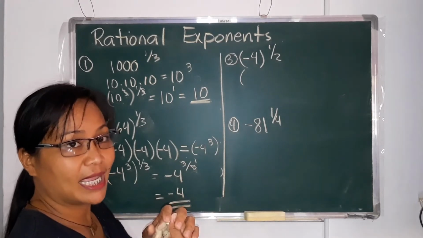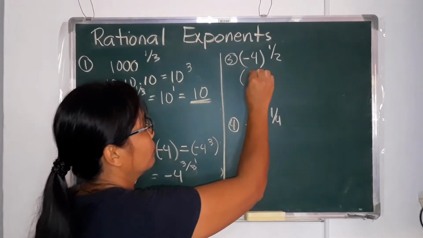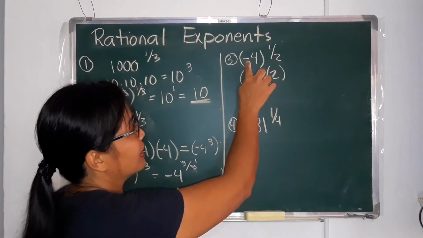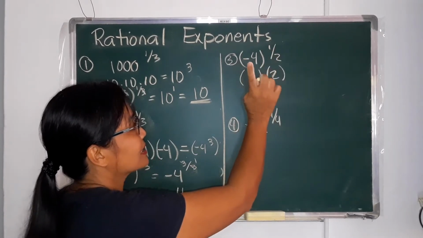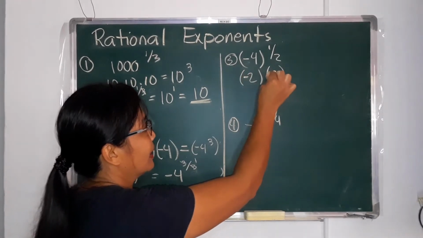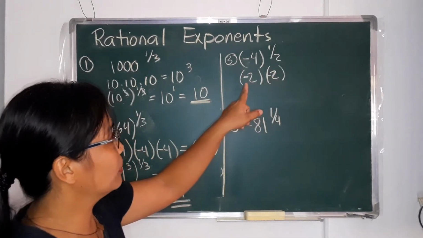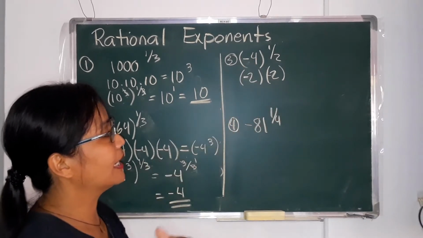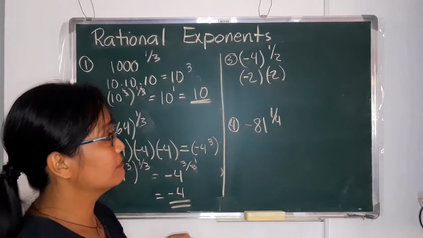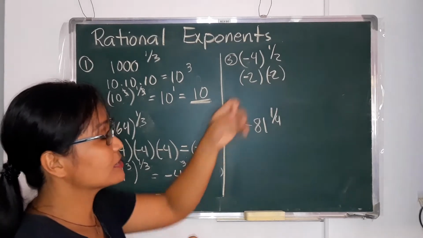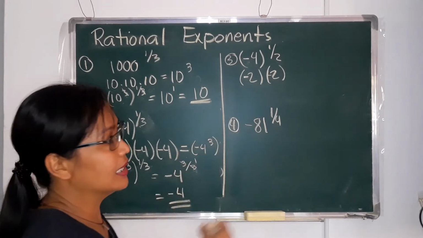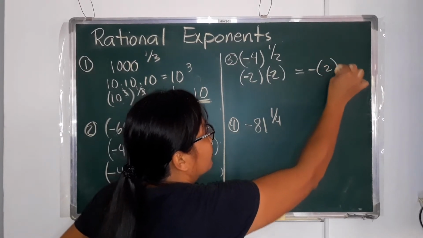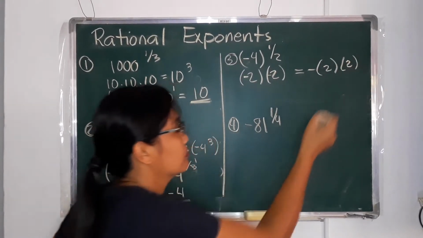Ang factor ng 4 ay 2 and 2. So, we have 2 and 2. Pero, ang negative dito ay kasali sa exponents. Kaya, dapat negative 2 and negative 2. Pero, kung minultiply natin ang negative 2 times negative 2, magkakaroon tayo ng negative 4. Oh, sorry, positive 4. Hindi pwede. Pero, pwede siya ng ganito, negative 2 times 2.